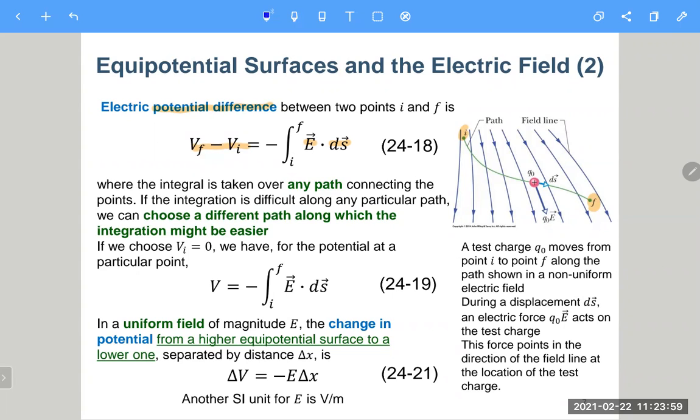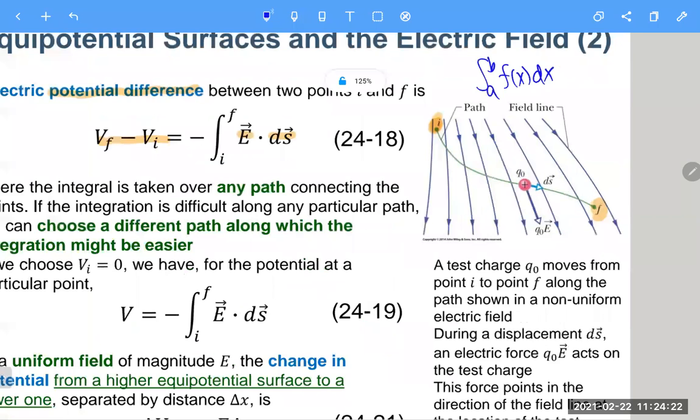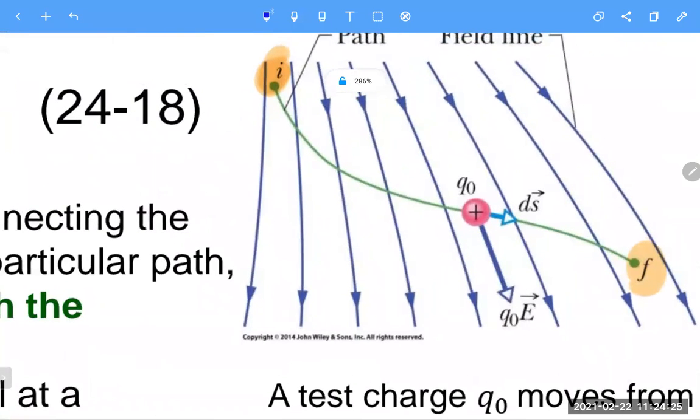When you learn the 1D integration, it is something like integrating f of x dx from a to b. Here, we integrate over a path, which means that within the space you can see the E field lines.